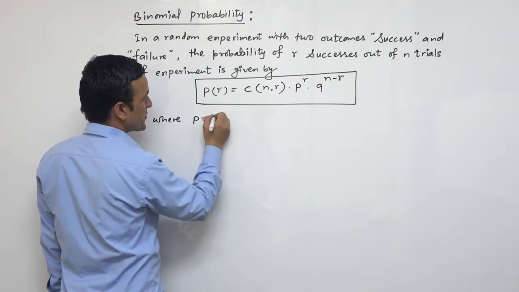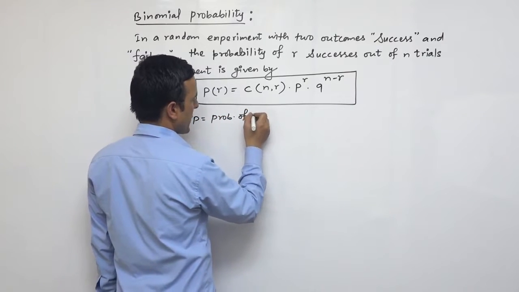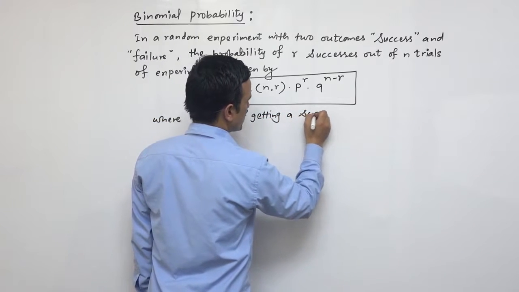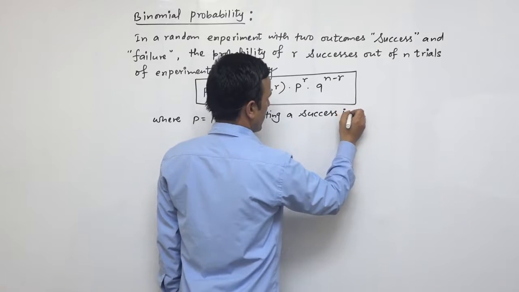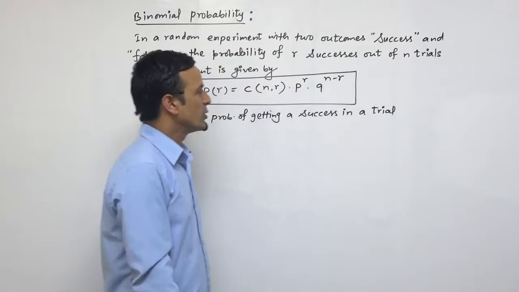P means probability of getting a success in a trial. Trial means experiment.